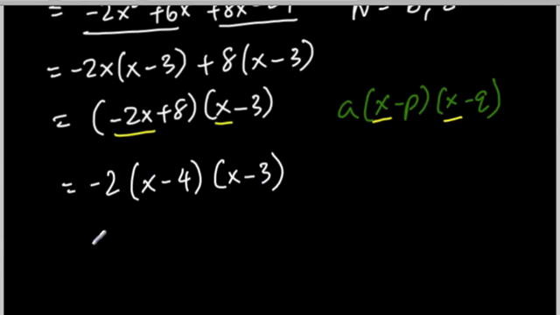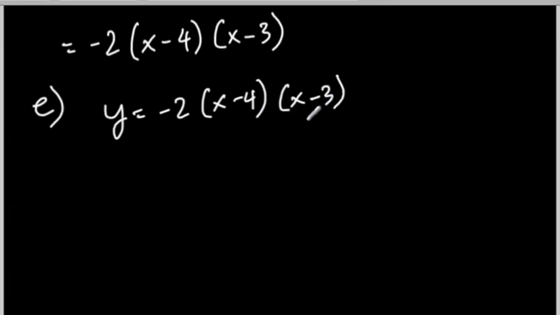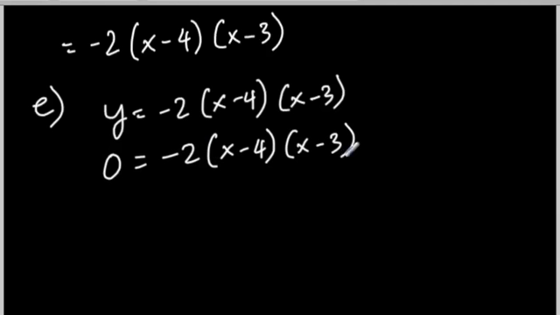Okay, so let's do the next part, which is E, find the x-intercepts. So we get y is equal to negative 2, x minus 4, x minus 3. If you ever want to find the x-intercept, that just means where y is equal to 0. So you don't have to worry about this negative 2 because you can divide it out and it'll still be 0 equals these two terms.